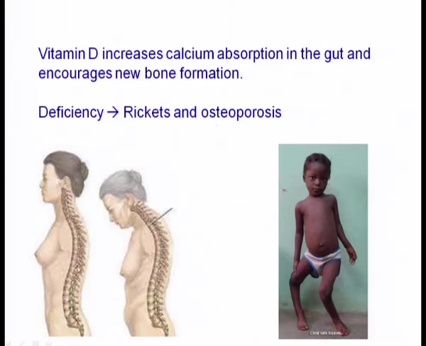You see this example of a woman suffering from scoliosis. Scoliosis is basically a condition where the bones, especially the vertebral bones, get stooped down and bent. You normally find this in elderly women who suffer from osteoporosis.